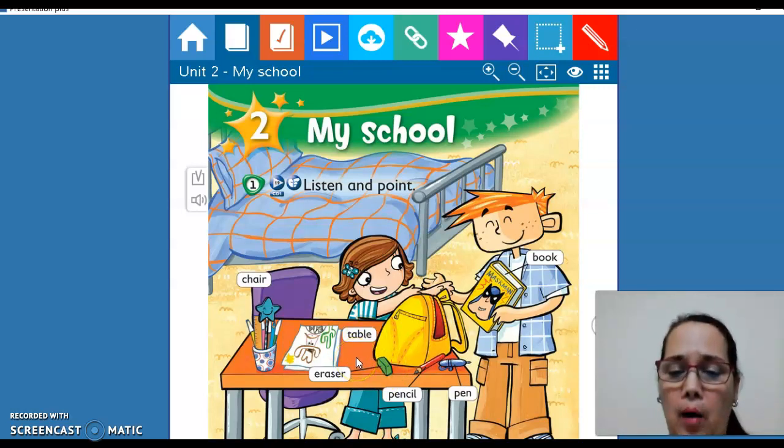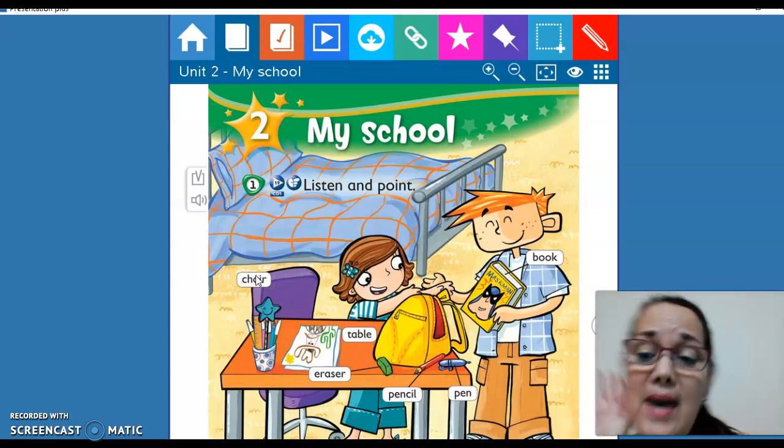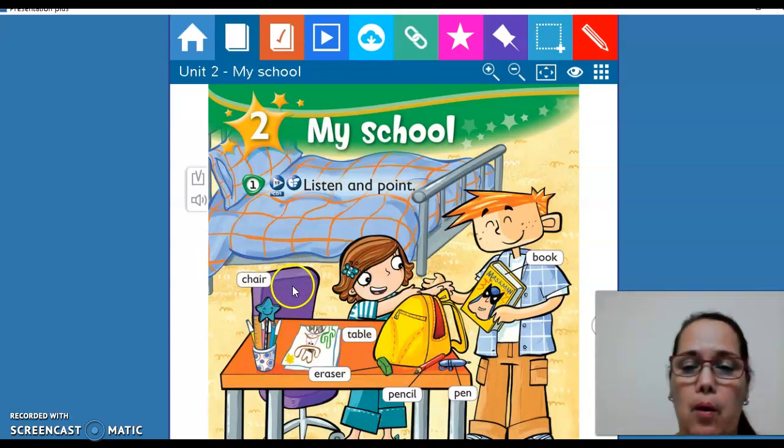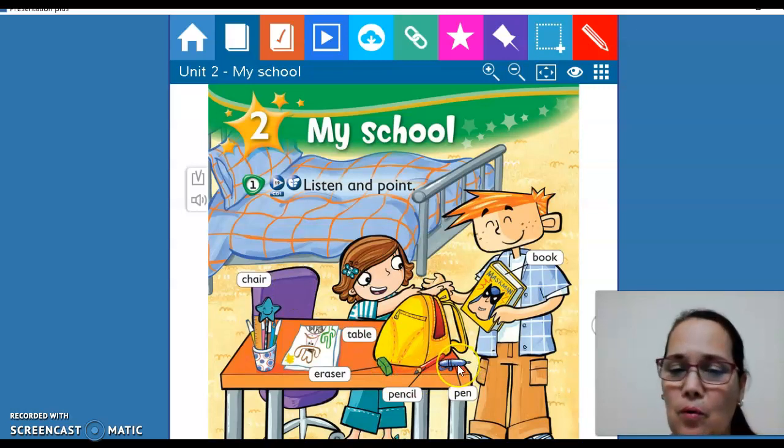Brown. And what color is the pencil? Yes, it's red. And what color is the chair? Yes, it's purple. The chair is purple. And what about the pen? Yes, it's blue. Very good.